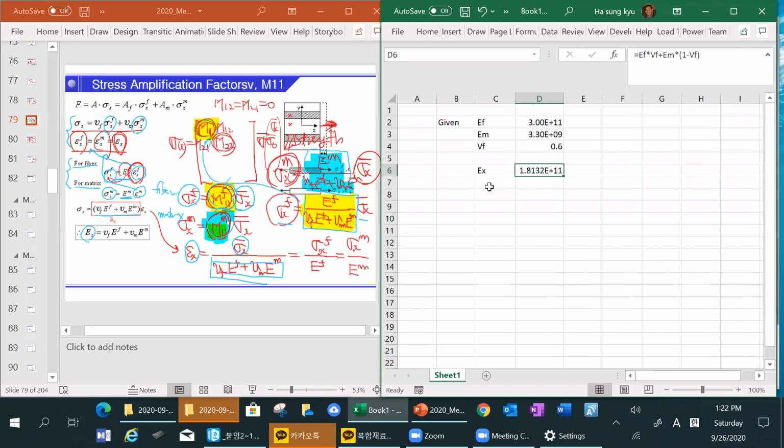And now the stress amplification factor M11F, for the fiber.